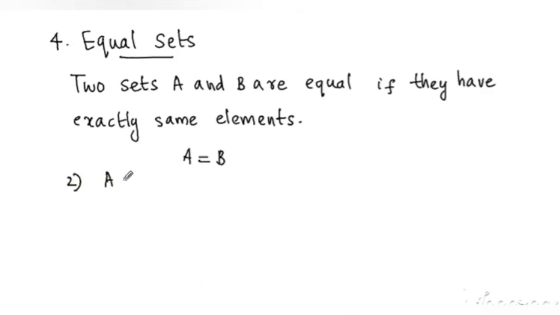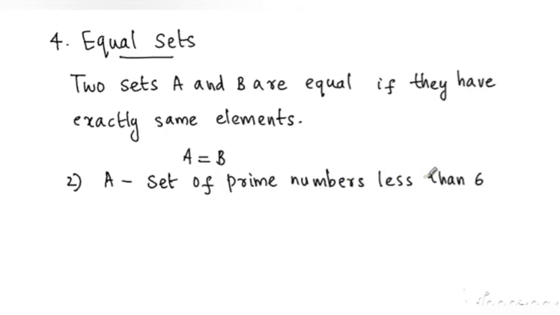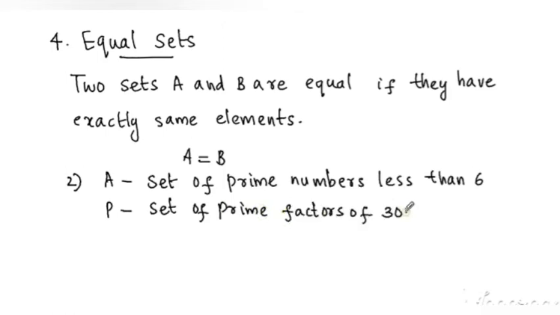We can look at one more example. Let's take A equal to the set of prime numbers less than, say, 6. So the set of all prime numbers less than 6, and we can take the other set B as the set of prime factors of 30. Prime factors means we have to list only factors which are prime numbers.